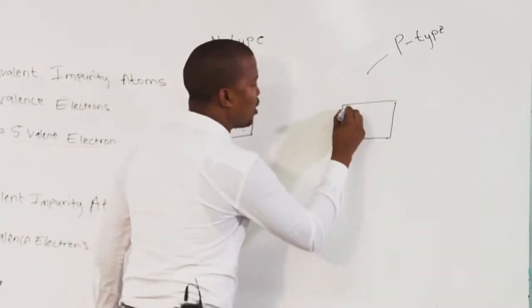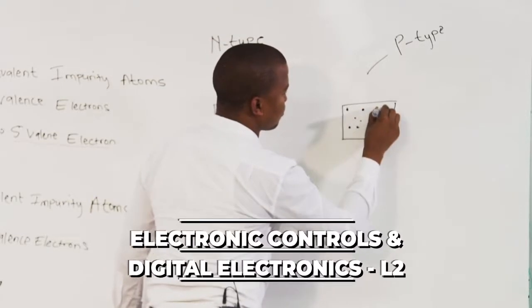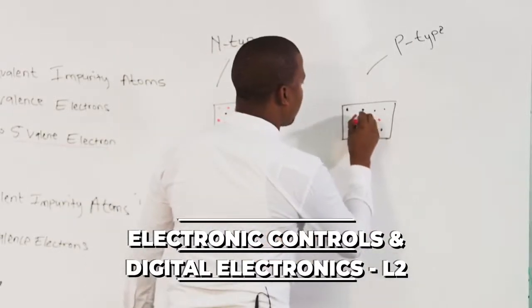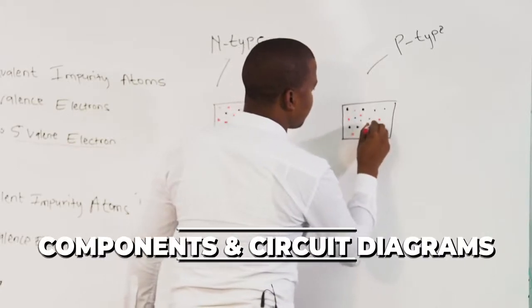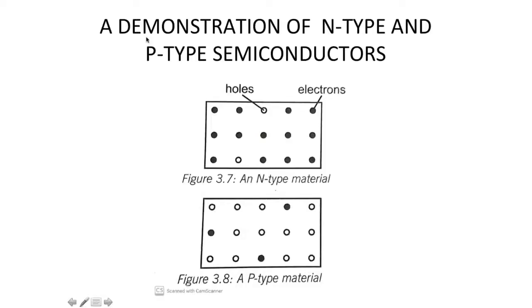Let's quickly do it before we run out of time. What I'm trying to demonstrate is that the P-type material will have a small number of electrons but a high number of holes, and the N-type material will have a high number of electrons and a small number of holes.